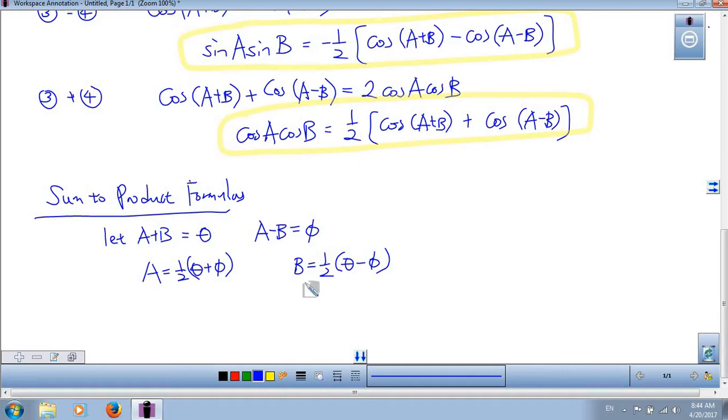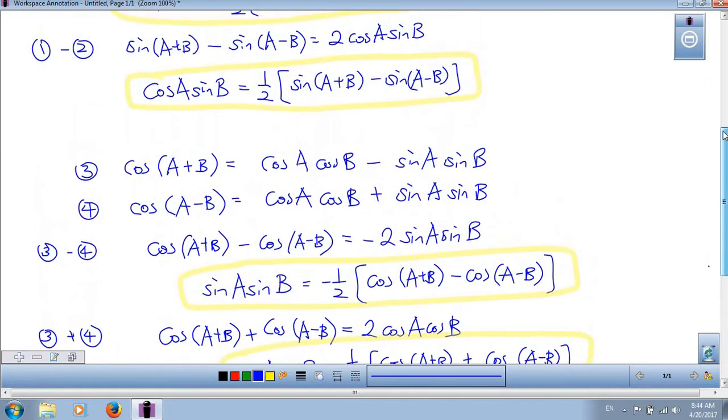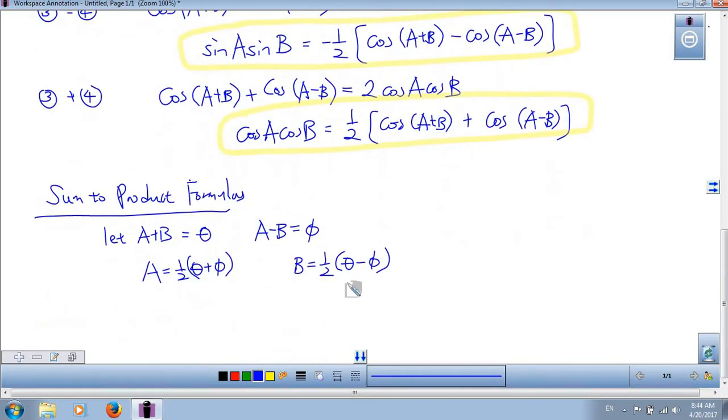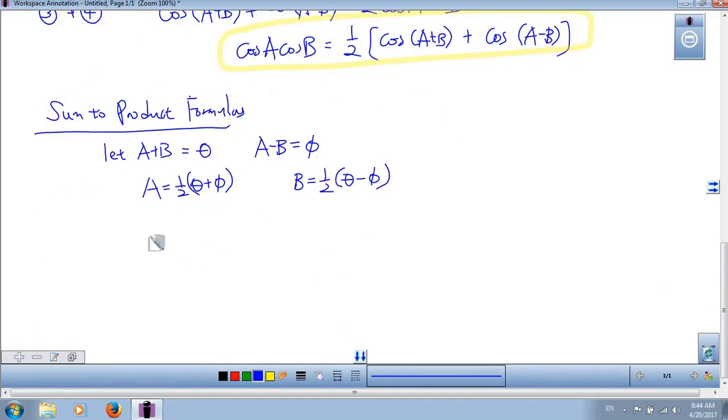Alright, so let's take a look at the first equation here. Equation 1, sine A plus B plus sine A minus B. So we are going to replace A plus B with theta. From equation 1 on the top, it's going to turn into sine of theta plus sine of phi.